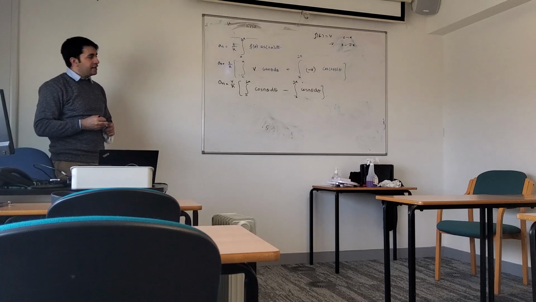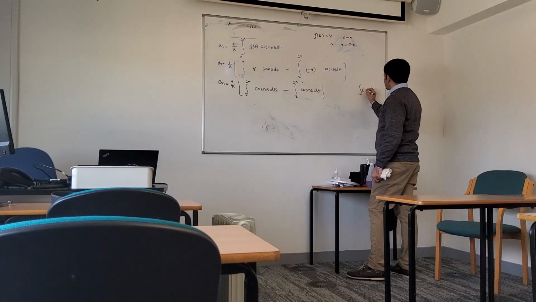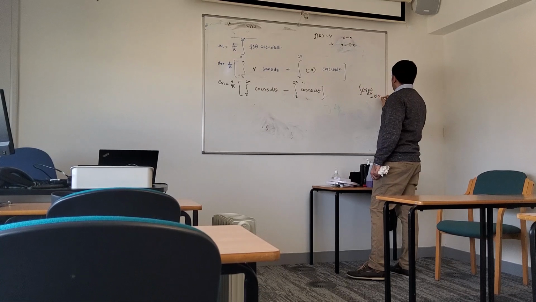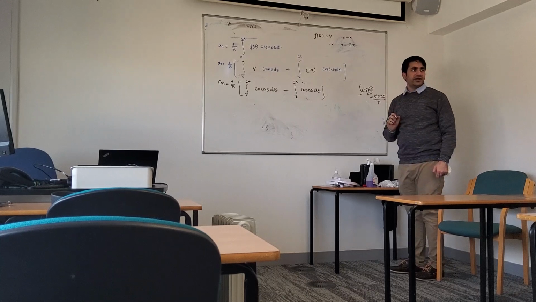Now the next step is that we need to find the integration of cosine. What is the integration of cosine? Sine theta. So it's sine theta, and then you again need to take the derivative and divide by it.